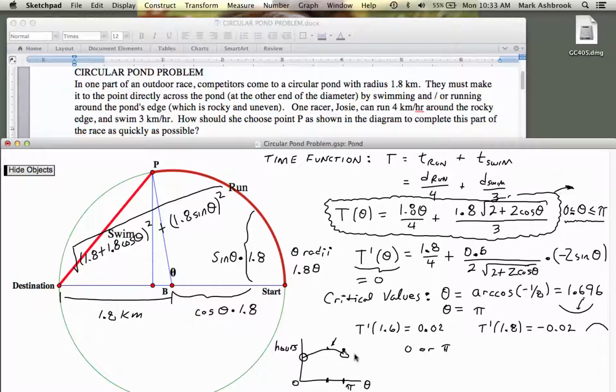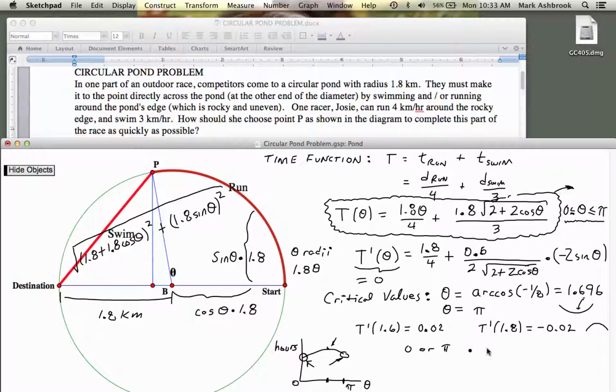Because of the way this graph must be shaped, if that's the only critical value and it's a local max, then it must be rising this whole way and then falling this whole way. Therefore, at 0 or at pi would be the least amount of time she would spend.